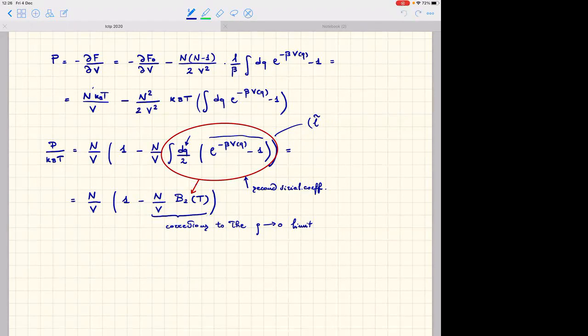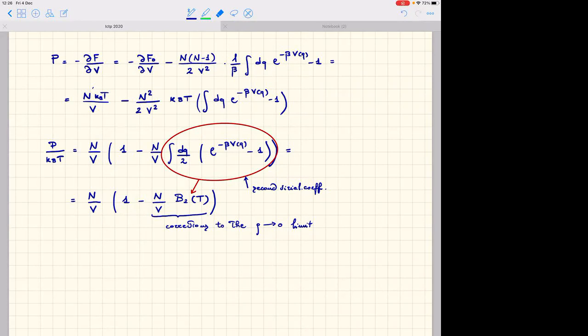But what I'm trying to say is that apart from this detail, in spirit, this is an expansion in the density. So this length scale just sets a scale to determine what it means to be small density or high density, but overall it is an expansion in the density. But in this case, we are discussing low density gases, right? Yes.